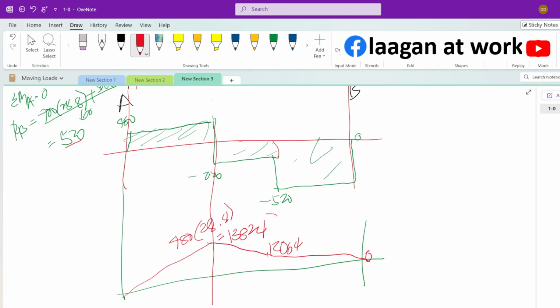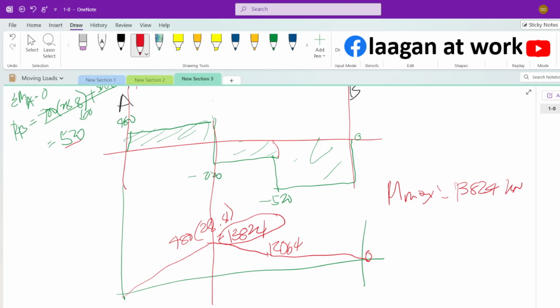So your maximum moment is 13,824, right? So the max is 13,824 kilonewton meter.